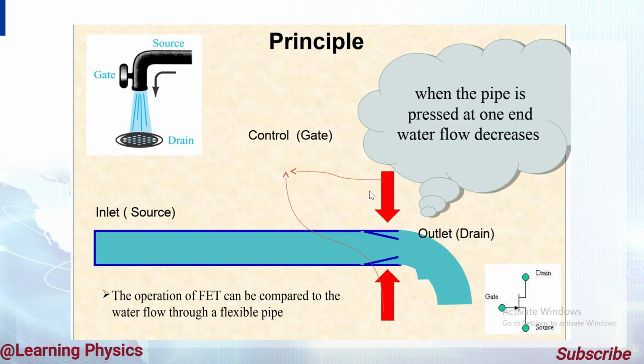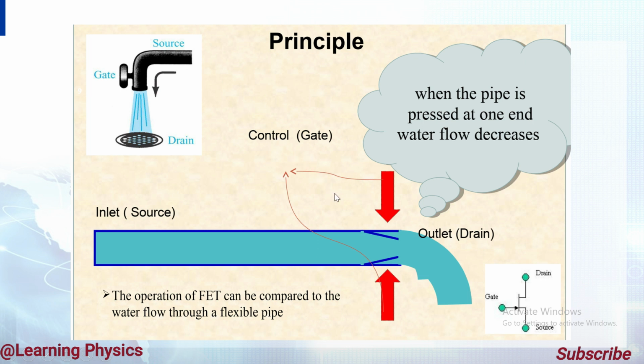And here is the main basic principle of FET, whether we use JFET or MOSFET. The operation of FET can be compared to water flow through a flexible pipe. Here is the outlet which acts as a drain, and here is the inlet which acts as a source, and this place acts as a control or gate.